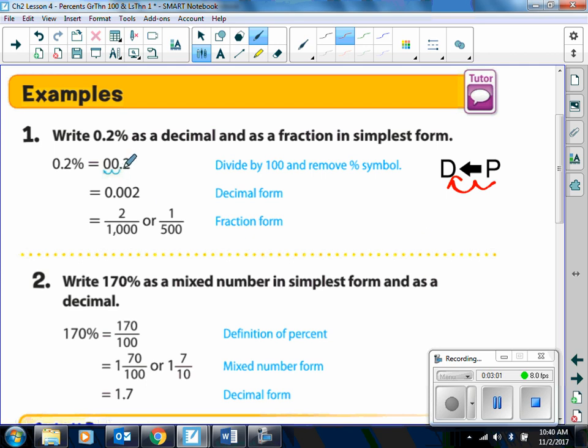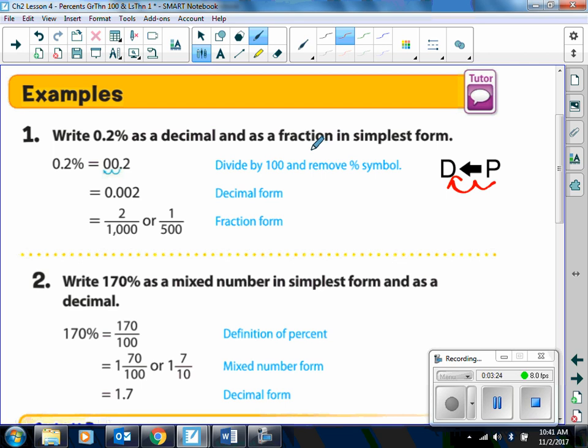Very good. It doesn't matter where the decimal is, you're still going to move it twice. So we move the decimal 2 places to the left, and then take away the percent sign. So 0.2% written as a decimal is 0.002. You got that?